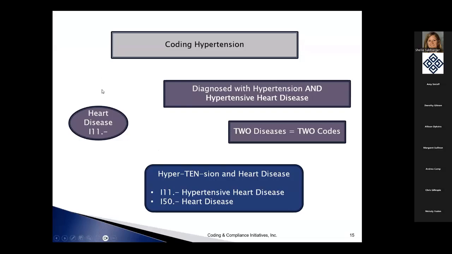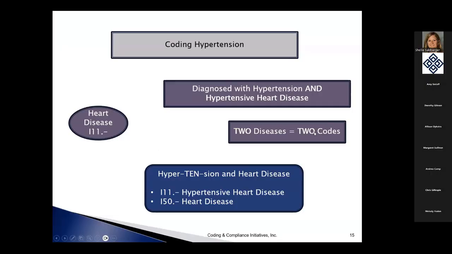So I have hypertensive heart disease, that I-11 category. So this means my patient has hypertension and hypertensive heart disease. Two diseases, right? Hypertension and heart disease.